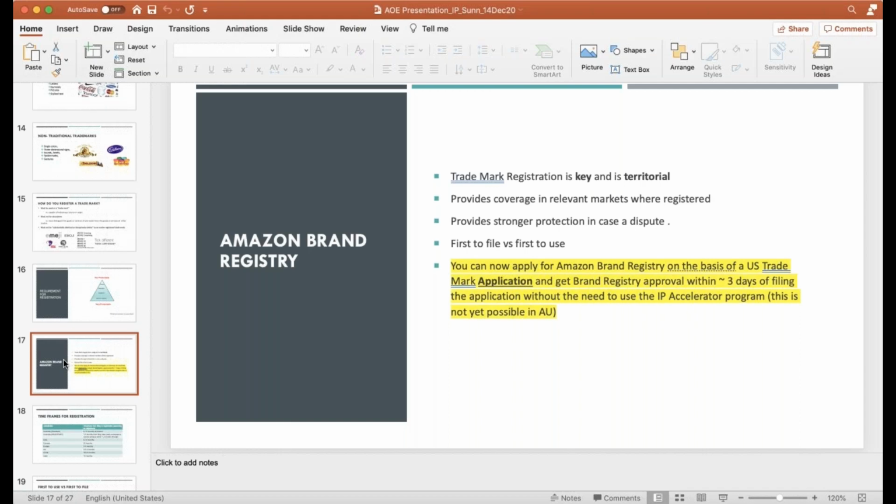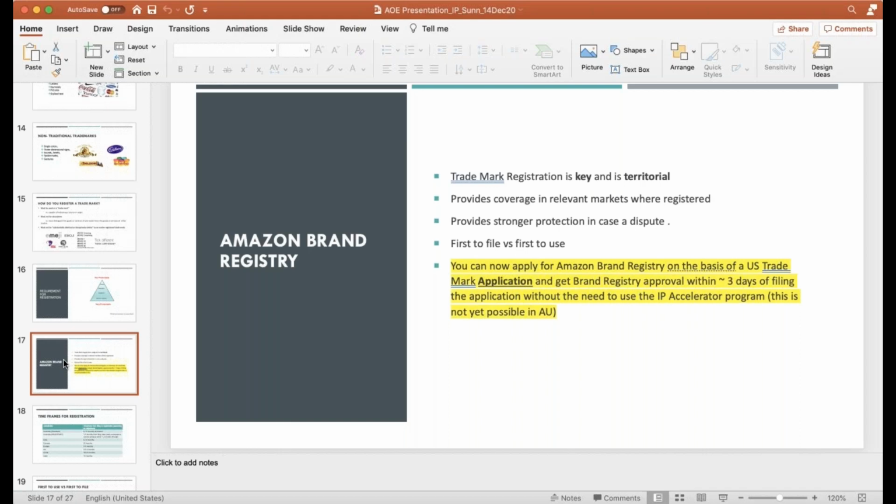However, the downside to that is that if you did get a hijacker and tried to put in an infringement claim through the brand registry component of Amazon, Amazon won't take any action because you don't have a trademark in that country. And I found that out firsthand.